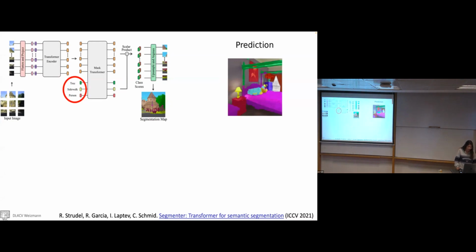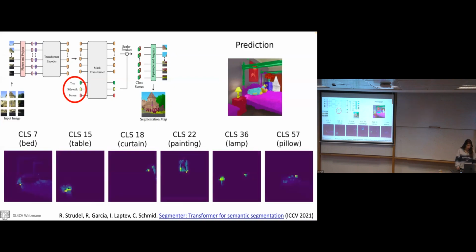The last thing, depending on these input class tokens, is that we can examine the attention map of the image for each one of these classes. For example, you can take the token corresponding to the bed class and compute the attention map of the mask transformer to it, and you can see the image attends to the area where the pillow is.